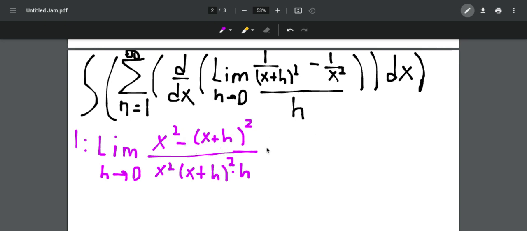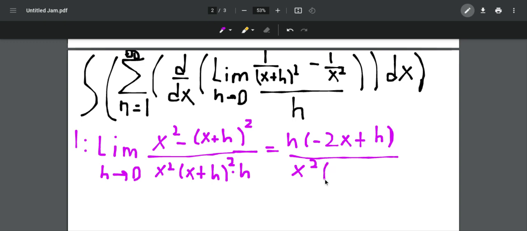So we can simplify the numerator, and if we simplify and factor out the h, because the x squared cancel, we just get h times (negative 2x plus h), and then all over the denominator, which is x squared times (x plus h) squared times h.